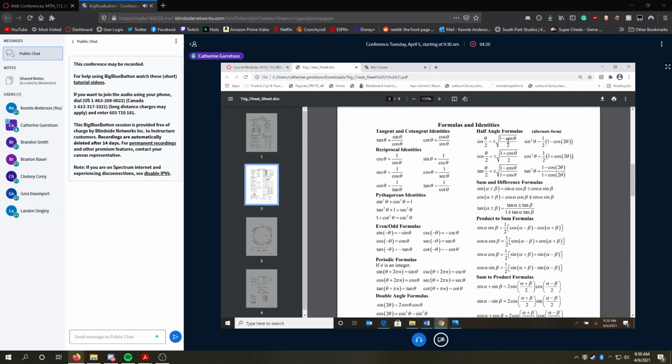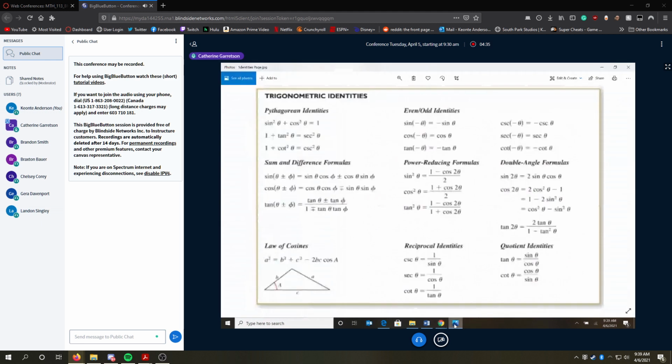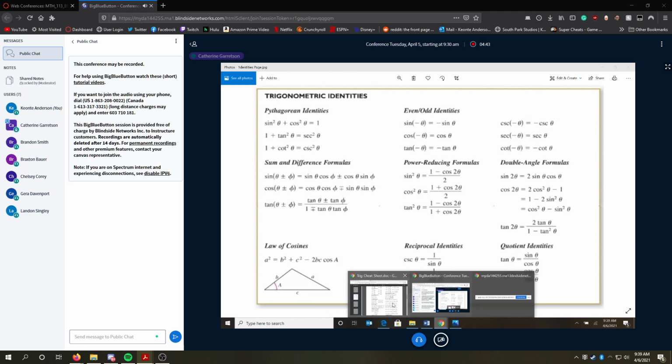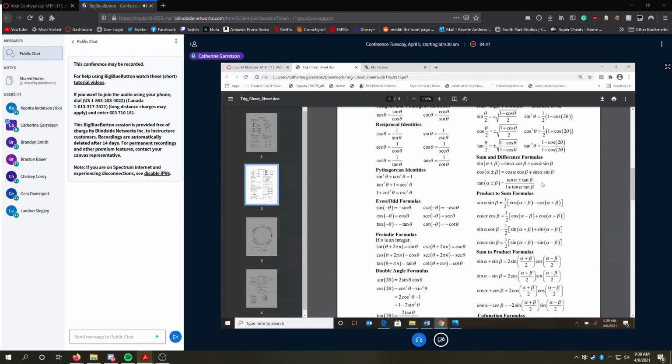This alternate form of the half angle is your lowering the power or power reducing identity. There's your product to sum, your sum to product. By the way, this one was sum and difference. So your sum, it still has the plus and minus there.